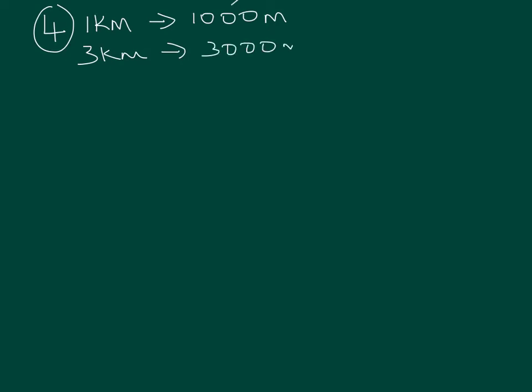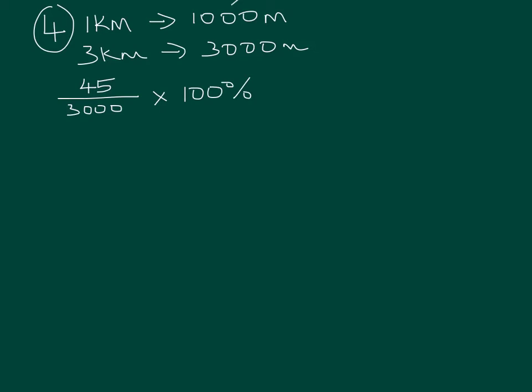Question 4. Express 45 meter as a percentage of 3 kilometers. So we know that 1 kilometer is 1000 meter. 3 kilometer will give us 3000 meter. So as a percentage, we have 45 over 3000 times 100%.